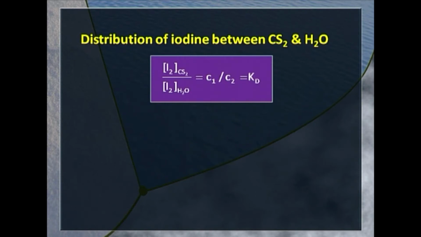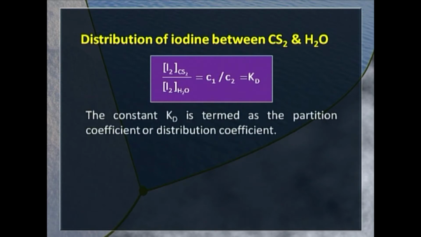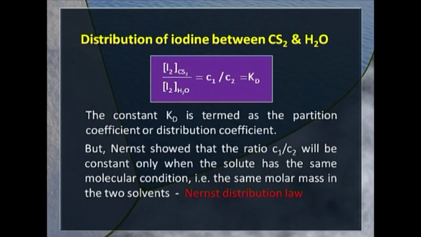That is taken as Kd, which is a constant and is termed as the partition coefficient or the distribution coefficient. However, extensive studies by Nernst showed that in many cases C1 by C2 is not found to be constant.